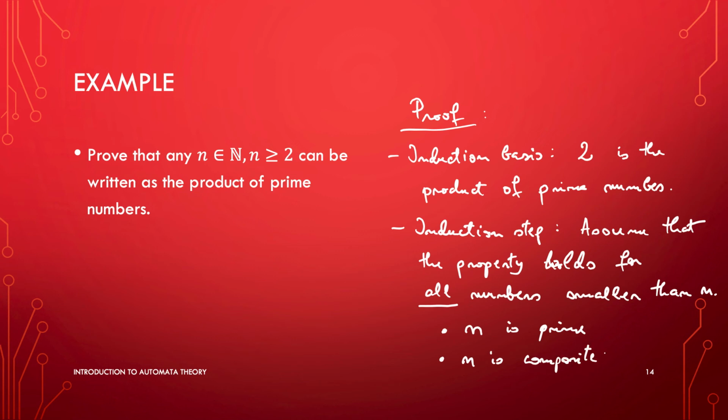And in fact, what this means is that I can write it as the product of two smaller numbers, n1 times n2. And obviously n1 is smaller than n, and n2 is smaller than n.